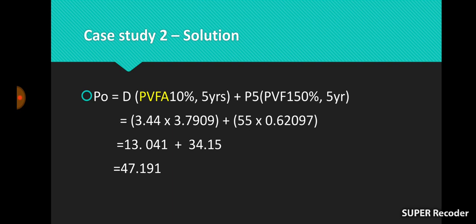Then that's equal to 13.041 plus 34.15, that's equal to 47.191. That is the intrinsic value of our share. Okay, so I hope all of you understood. Thank you.